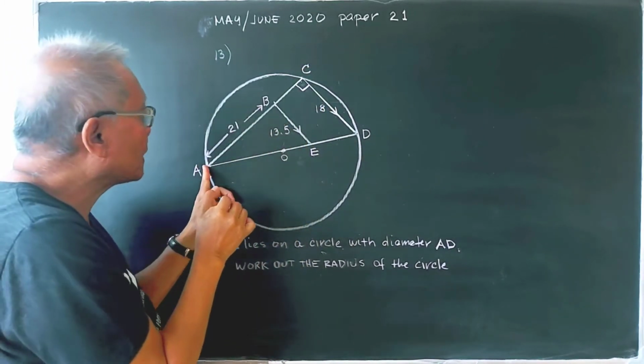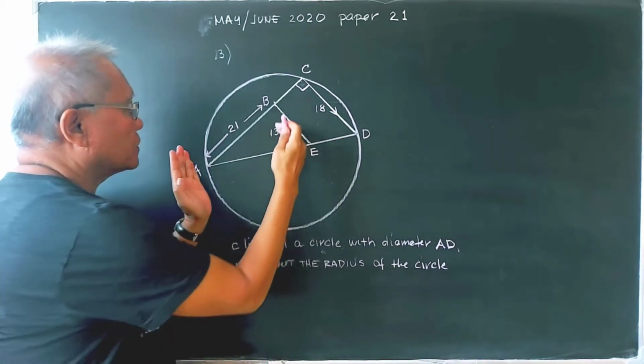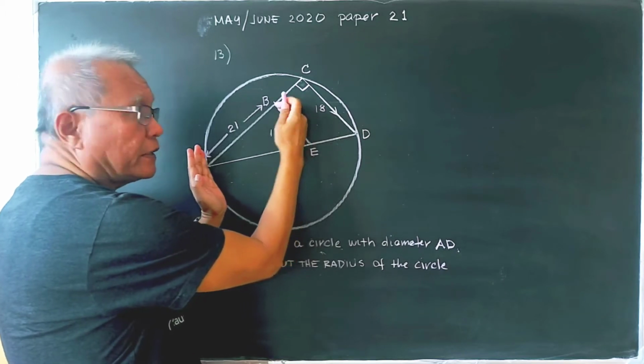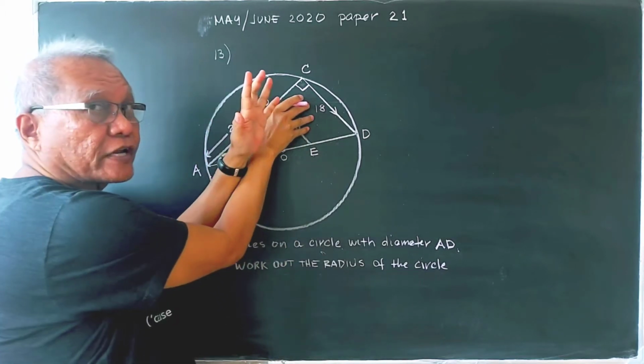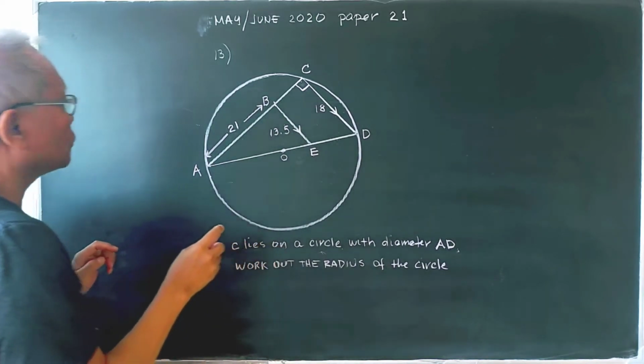How do you find that one? By similar triangles. We have the small triangle here and the big triangle. So we'll do some ratio and proportion.